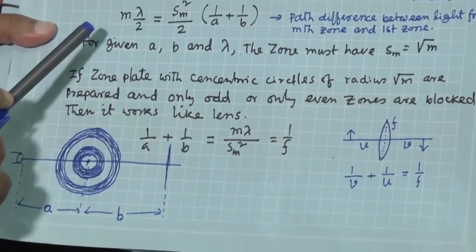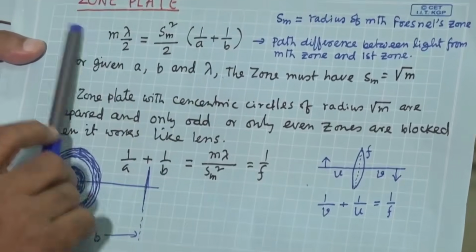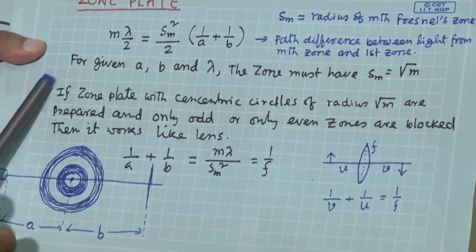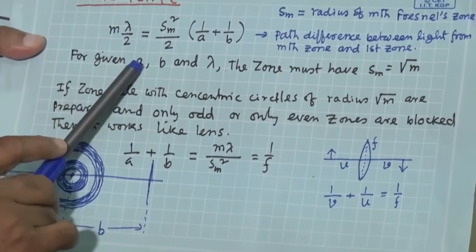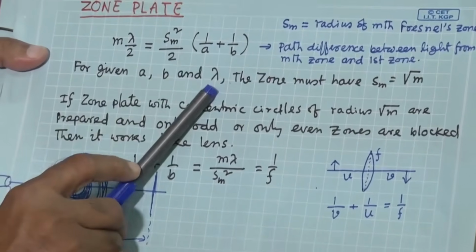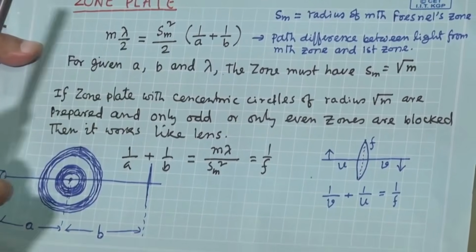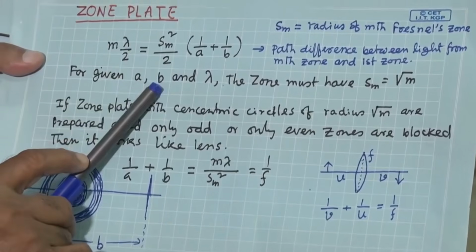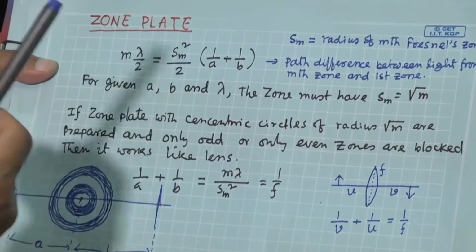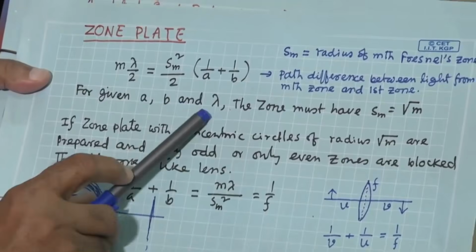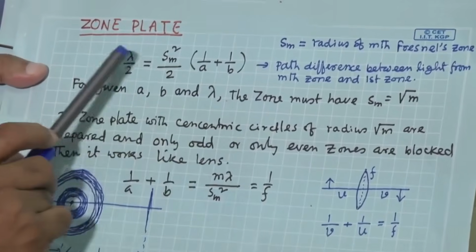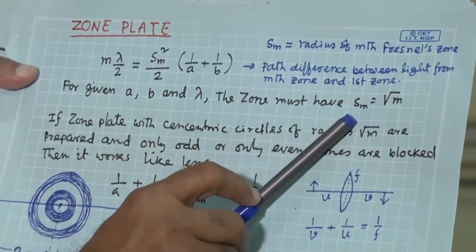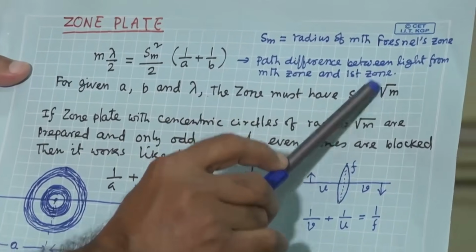So for a given A, B and lambda, that is, if you keep the source distance and screen distance constant, and for a particular light wavelength, the zone must have radius SM equal to the square root of M.